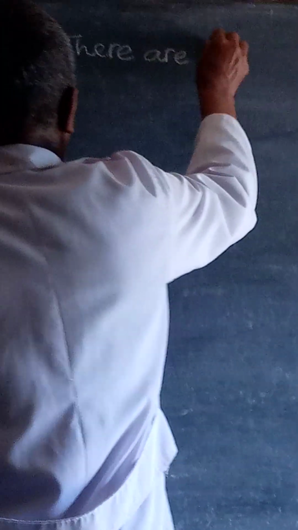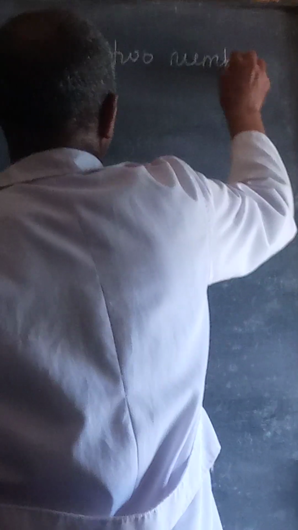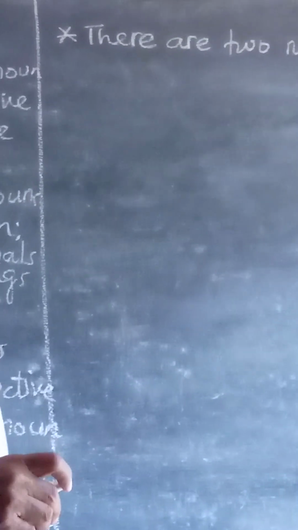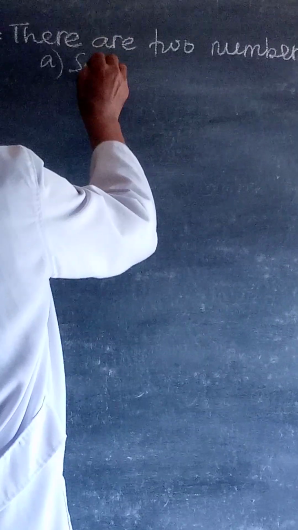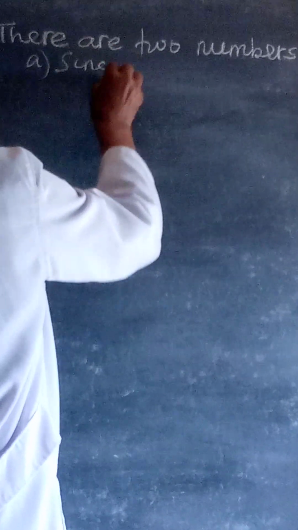Again, there are two numbers in grammar. What are these two numbers? One is the singularity of noun, singular form.